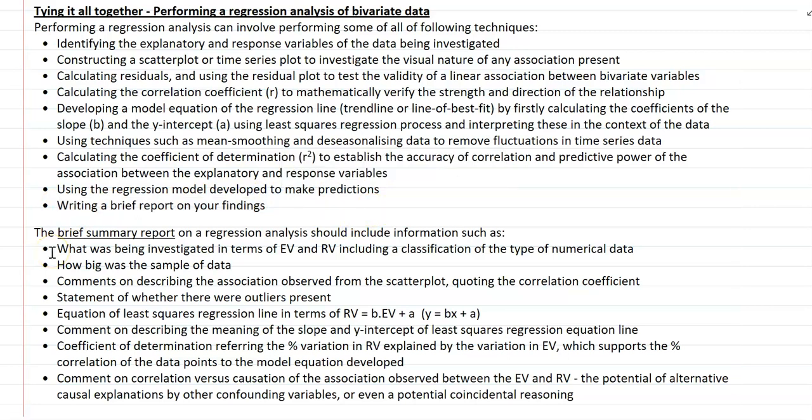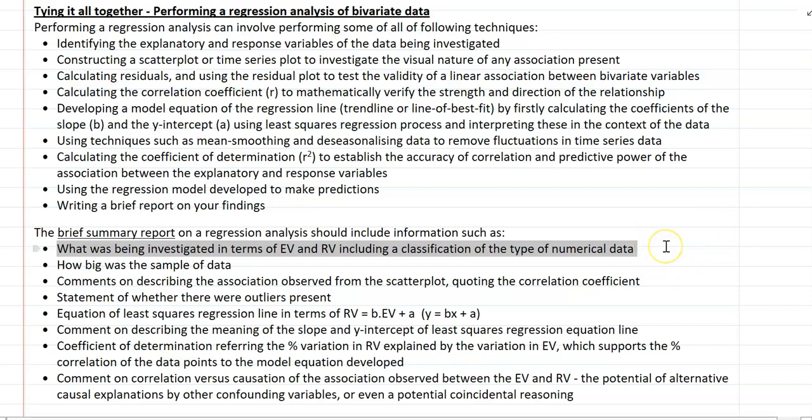If you are asked to provide a summary report, you should include what was being investigated in terms of your explanatory and response variables, including some sort of classification of the type of numerical data you're dealing with. You should include a mention of how big the sample of data was, any visual comments you're observing from a scatter plot or time series plot, quoting your correlation coefficient.